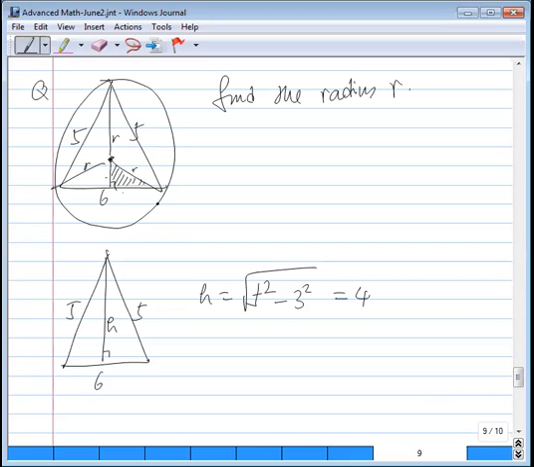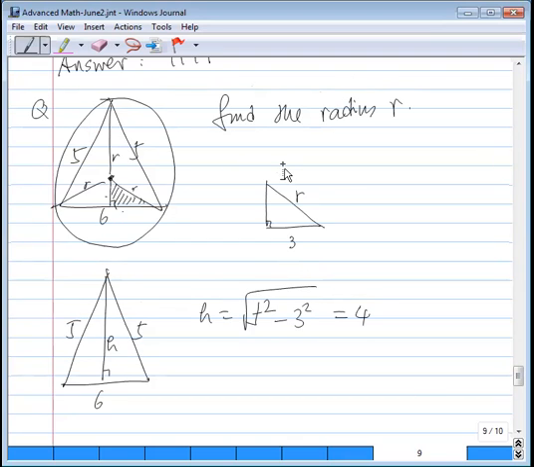Then express each side of the right triangle. This side is 3. This side is R. How about the other side? The other side is the height minus R, which is 4 minus R.